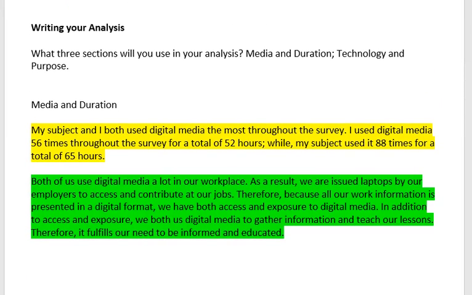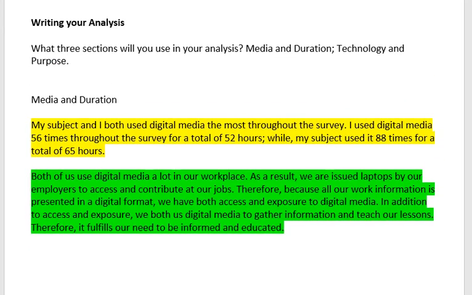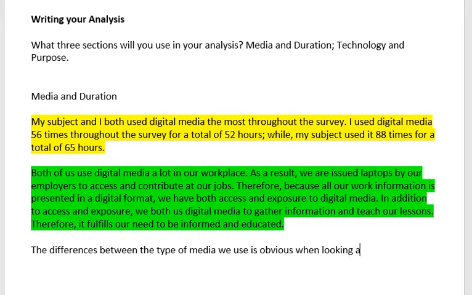Now moving on, it's gone a little bit off screen now, I need to explain the differences between my subject and I. So the difference between the type of media we use is obvious when looking at the data in the survey.